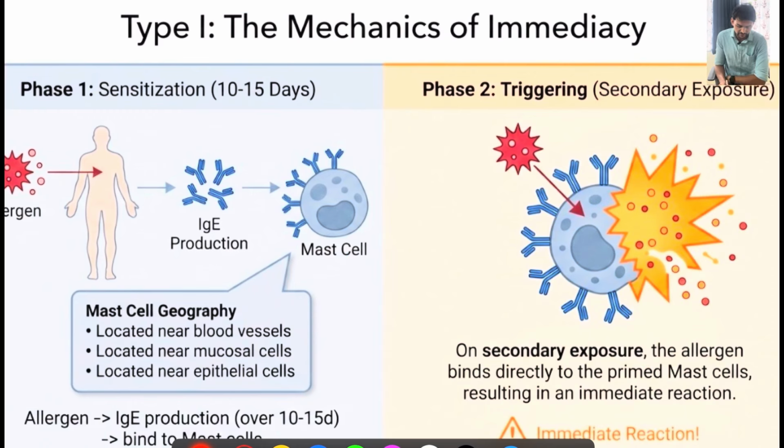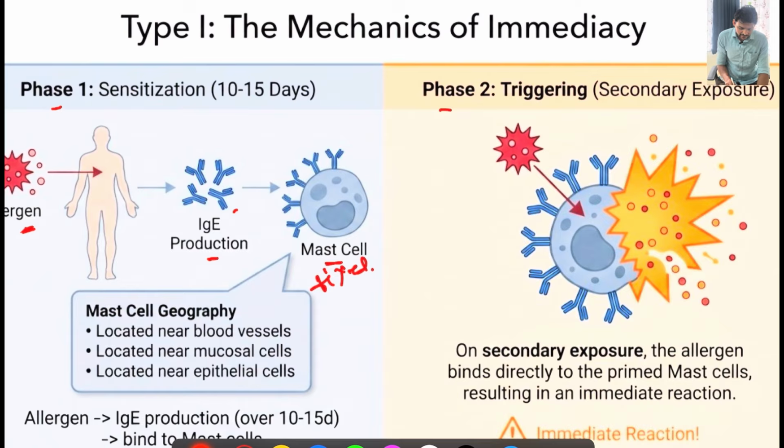Coming to type 1, it happens in 2 phases. For example, you have visited your friend's home and they have a pet there, for example a cat, and during your first visit you have come in contact with that cat's fur. That is a kind of allergen to which you are being exposed. So the body will produce IgE antibodies, and these antibodies will come and sit over the mast cells and be fixed there.